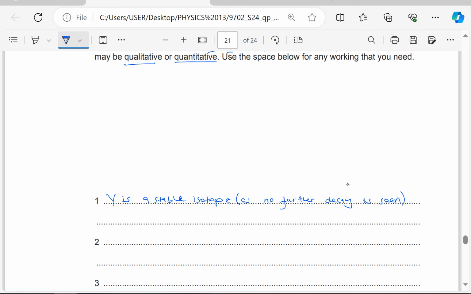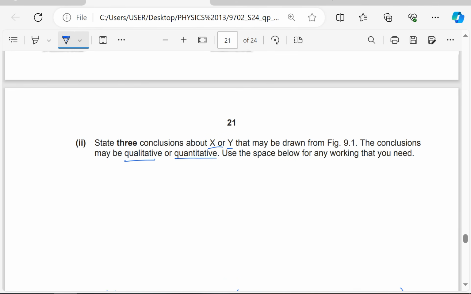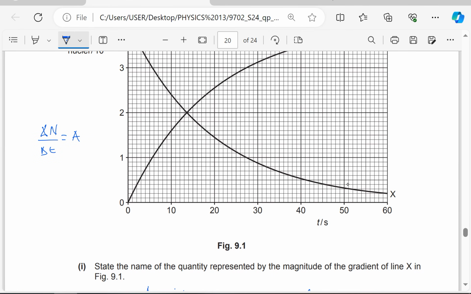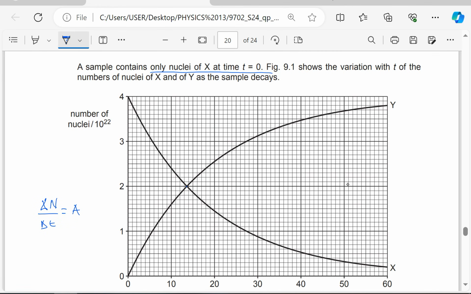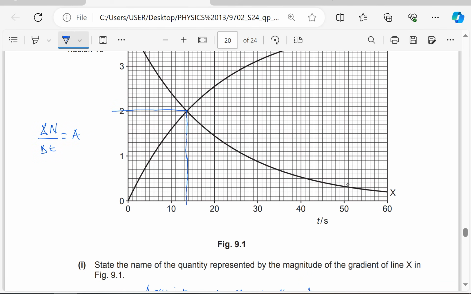So from the graph, I'm now going to do a few calculations. Let me first find the decay constant. Or let me check the half-life first because it's easier to see. So where these ones meet, this is the half-life. I divide 4 by 2, I get this. So the half-life is here in this box. Okay. So the scale is 10 divided by 10, which is 1. So 11, 12, 13.